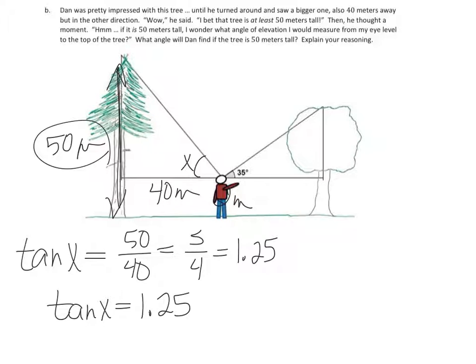What angle do you think it is? Do you think it's greater than 35 or less than 35? x is probably greater than 35 degrees because we're looking higher, right? This is going to be a bigger measurement.